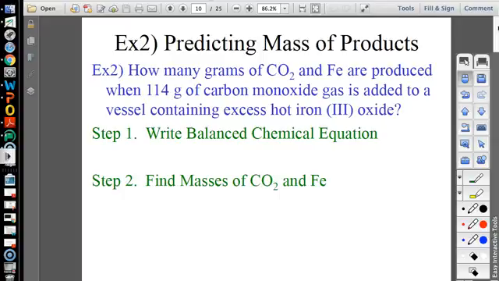I believe you can write the balanced equation okay. You try to work on it on your own quietly, and I'll write it up here, and you can check when you're done.